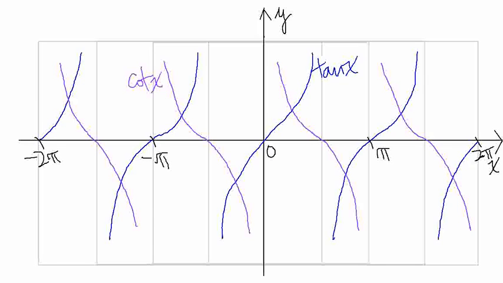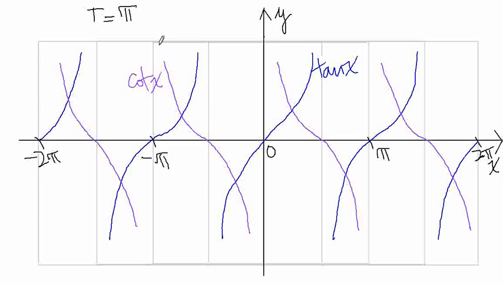Because it's made of several copies, we say that the graphs are periodic. And I hope you can see that the period of both is pi. Now, the graphs extend indefinitely upwards and downwards, so the ranges include all y values.